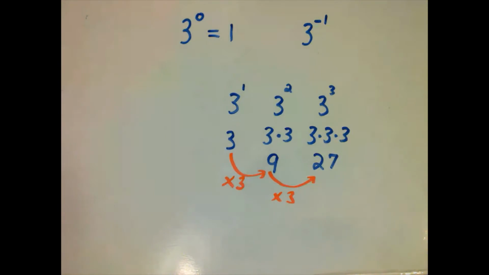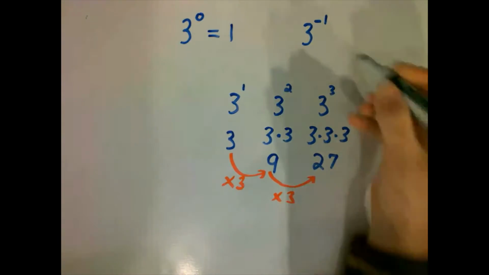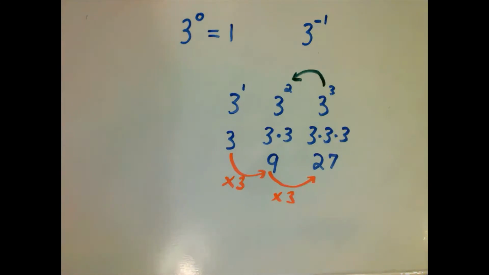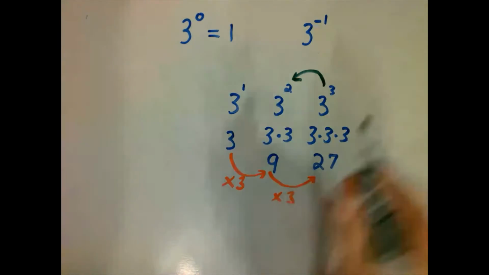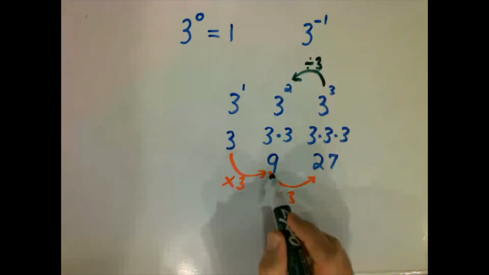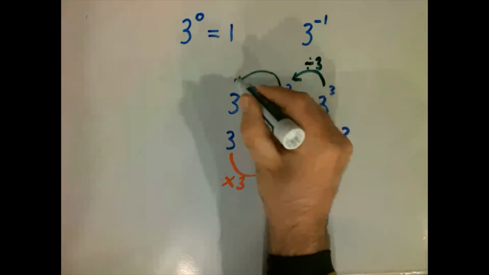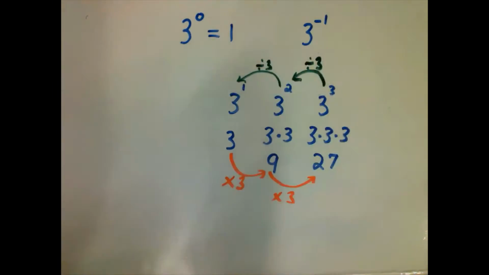We can follow this process in reverse. Take our 27. If we go in this direction, we're not multiplying by 3, we're dividing by 3. 27 divided by 3 gives me 9, and 9 divided by 3 gives me 3.